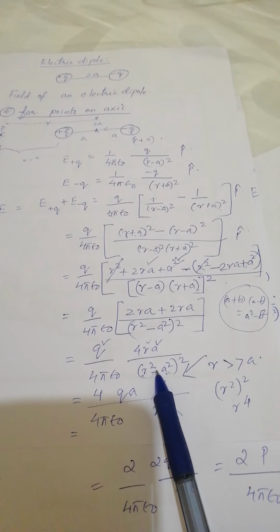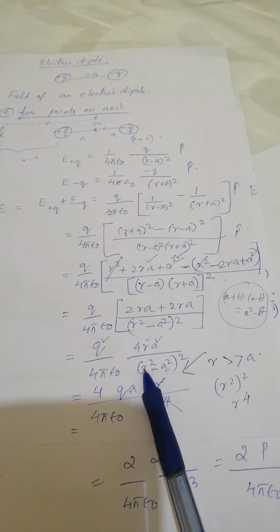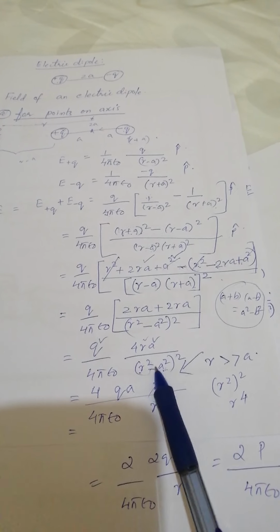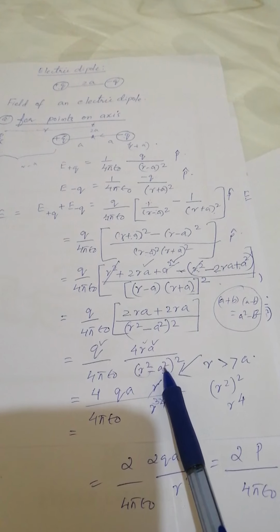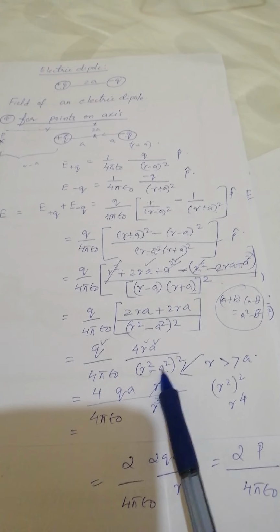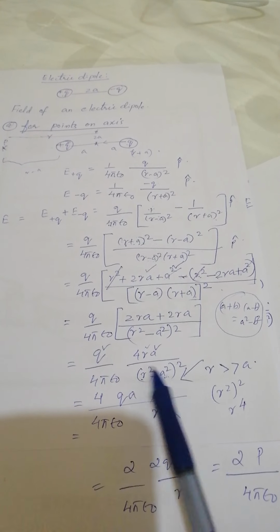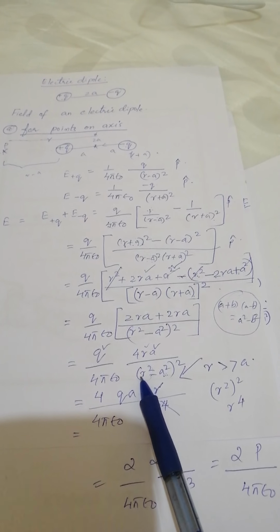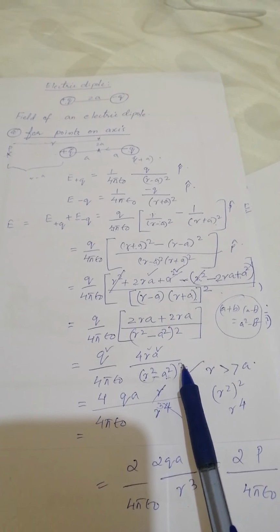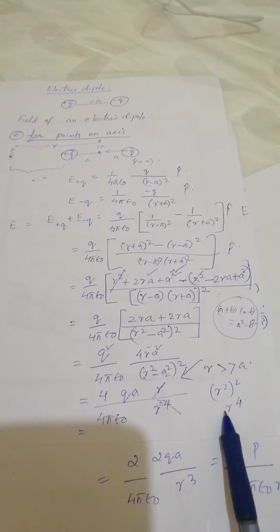We can simplify this if r is much greater than a, then the second term, a square, will cancel. The first term r square, with one more square, will be r raised to 4.